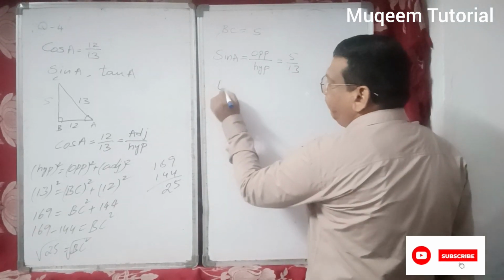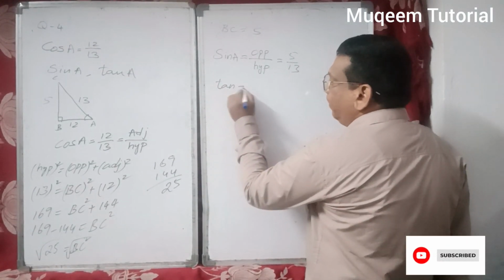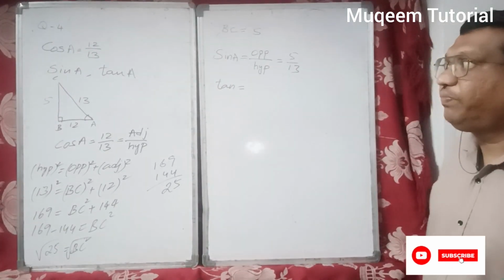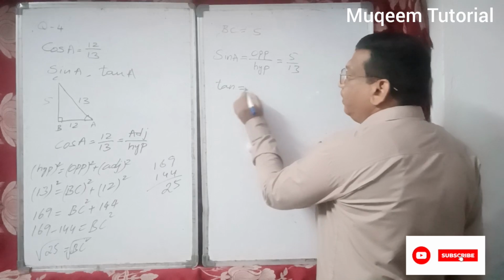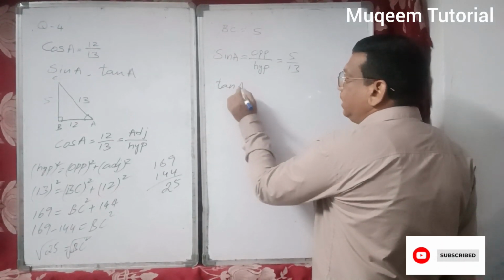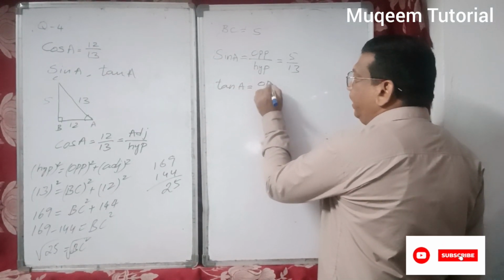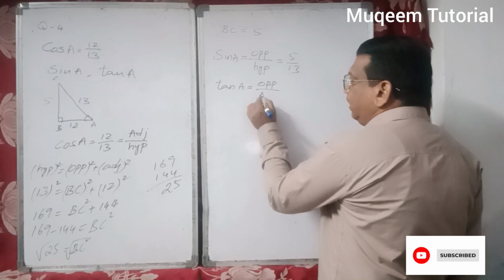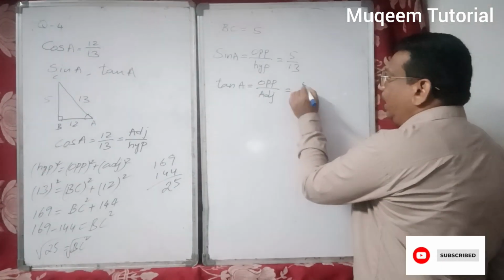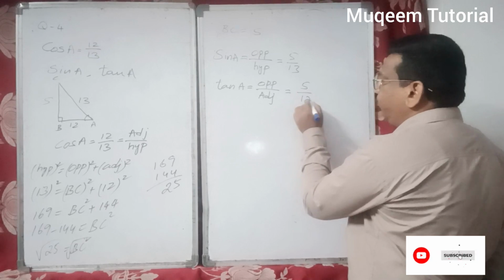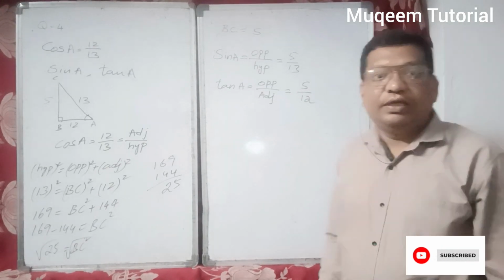Then tan A. Tan A is equal to opposite by adjacent. So opposite we have 5 and adjacent we have 12. So 5 by 12 is the answer.